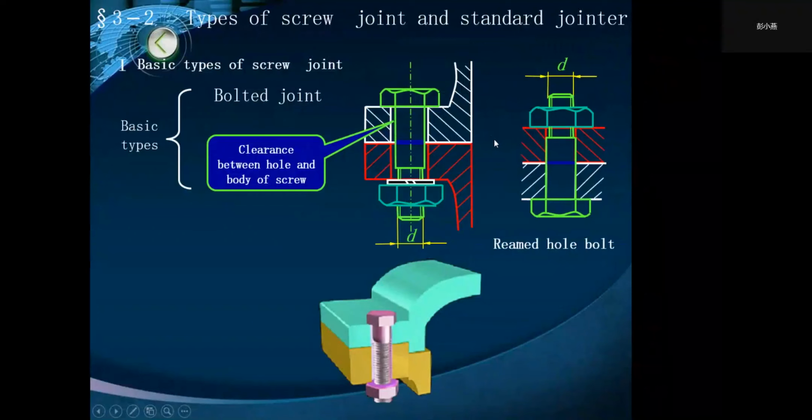And for precision bolted joint, or reamed hole bolt, it has reamed holes without appreciable clearance. Both of them are applied to join relatively thin members by using through holes.